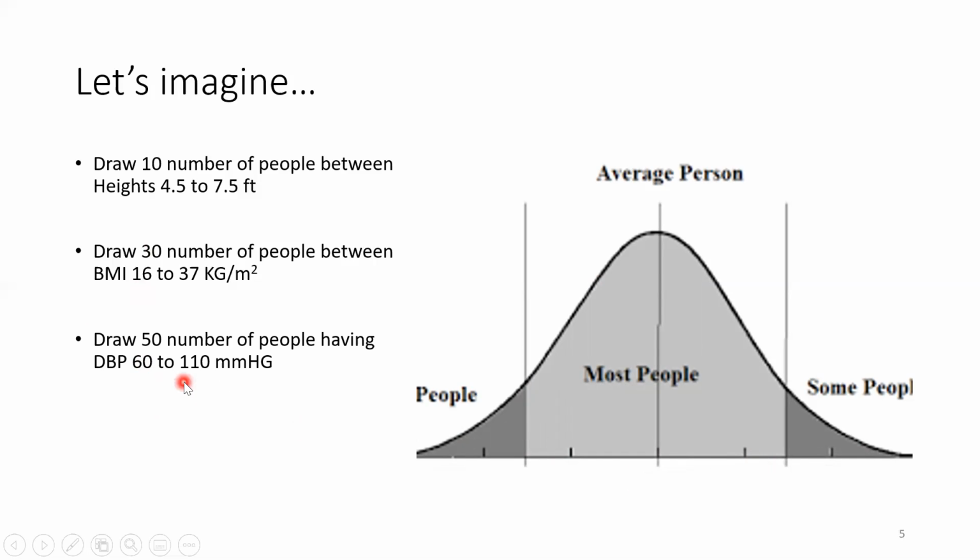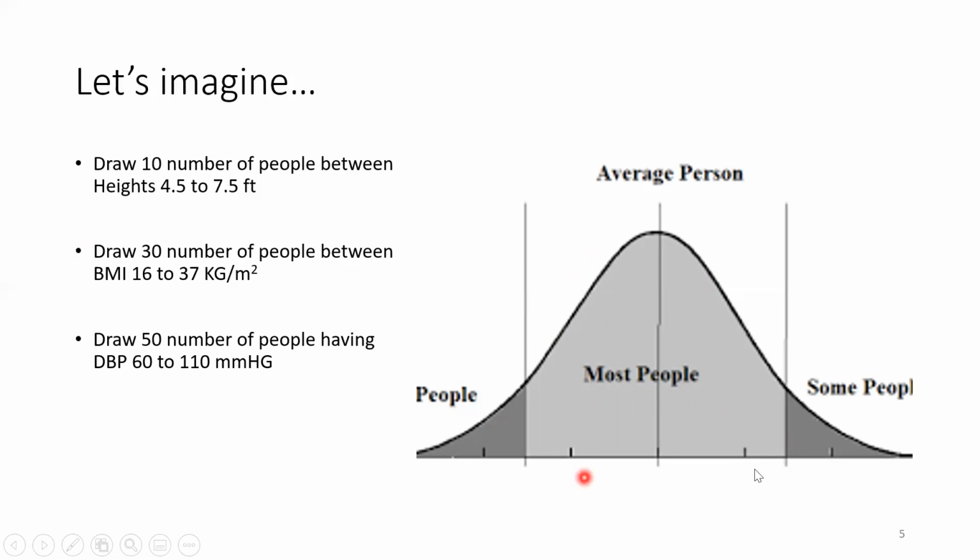And for diastolic blood pressure, 60 is at the lower end and 110 is at the upper end, but the higher and lower ranges will have few people. Usually people have diastolic blood pressure between 80 and, let's suppose, a maximum of 110. So the variables were different, but we are observing the same pattern.